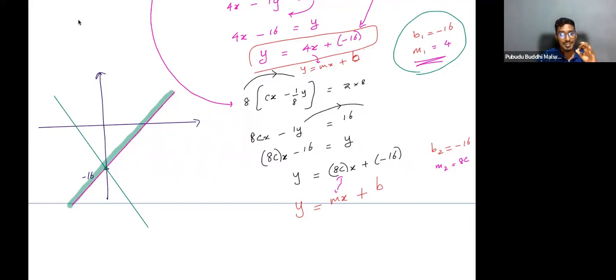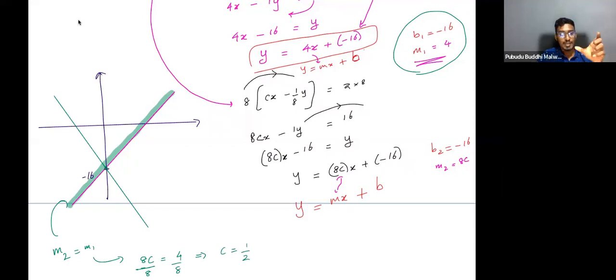For that, the slope should equal the slope of the pink line. Hence, M2 should equal M1, right? So basically, M2 is 8C, M1 equals 4. Divide both sides by 8, C equals half. For that value, you will get a situation like this.